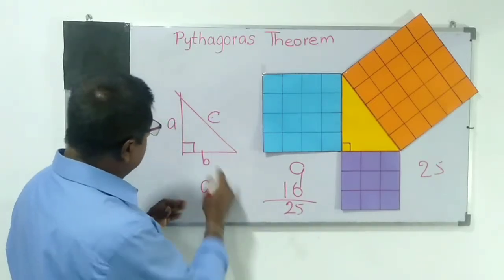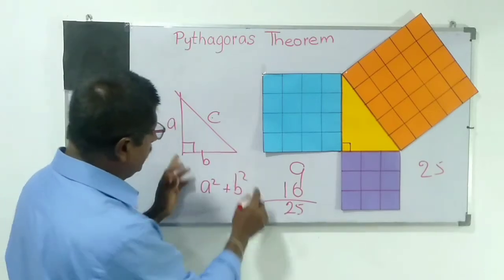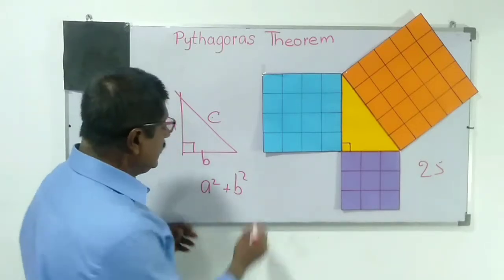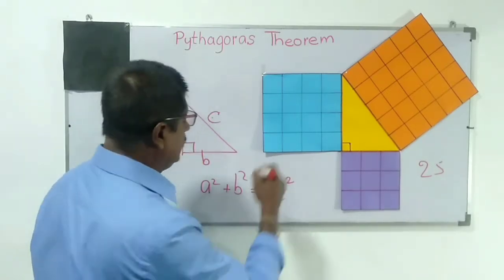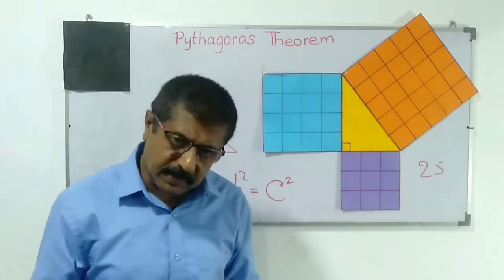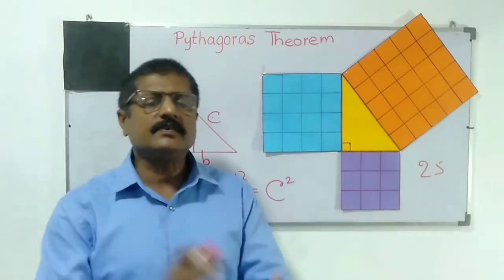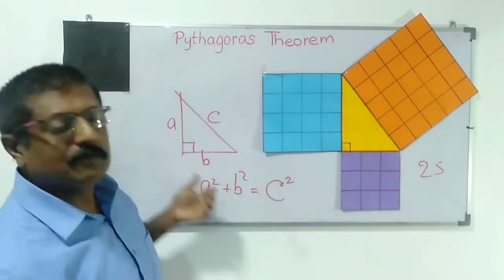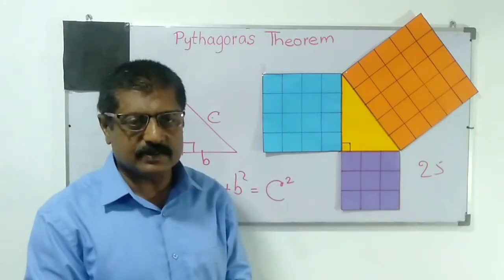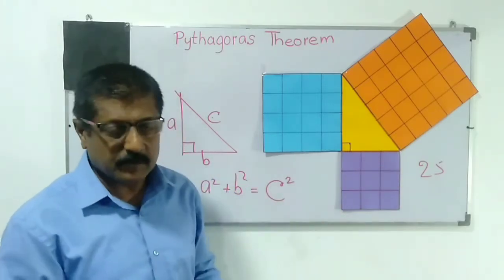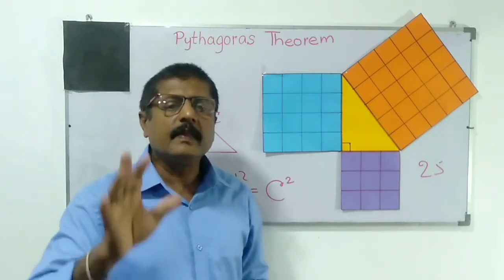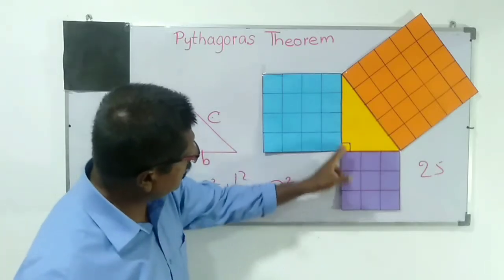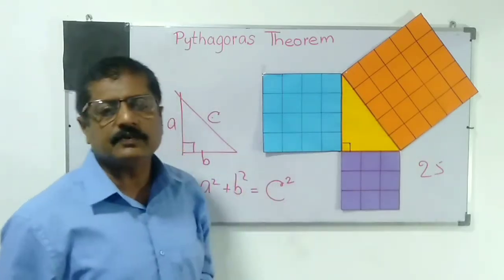A squared, area of the square drawn on this side, plus B squared, area of the square drawn on this side, is equal to C squared. A squared plus B squared equals C squared. Now, not these lengthy stories, but this formula we use in our calculations for calculating lengths. Alright, now this is the Pythagoras theorem or Pythagorean relation. Pythagoras theorem is A squared plus B squared equals C squared.